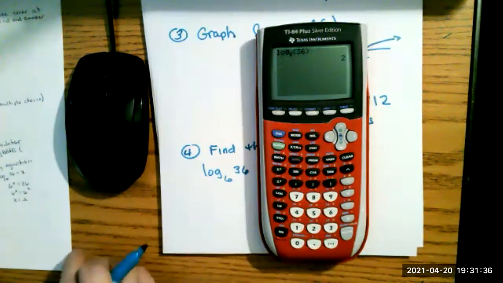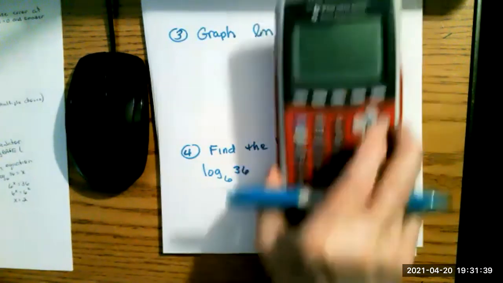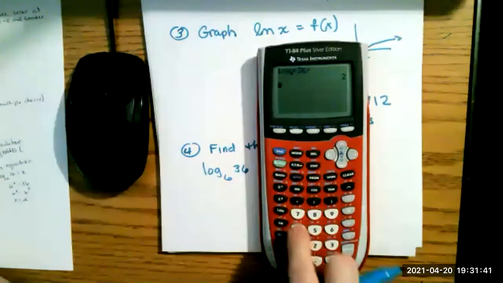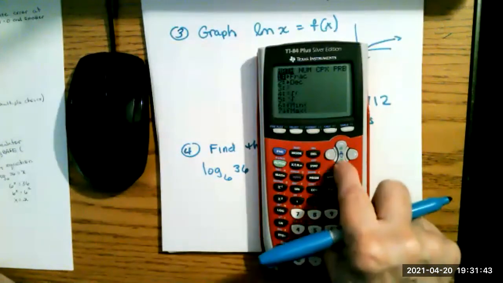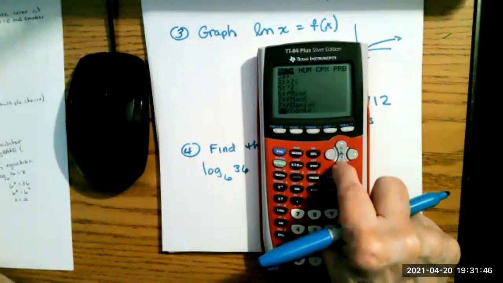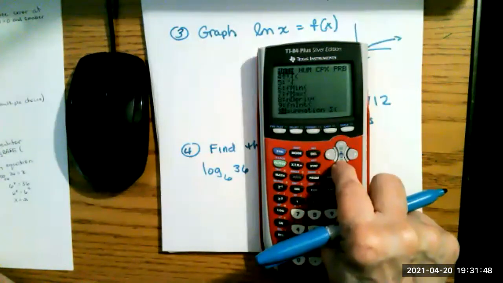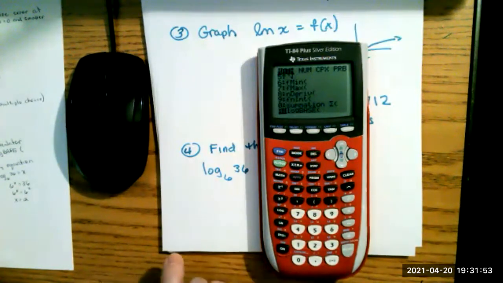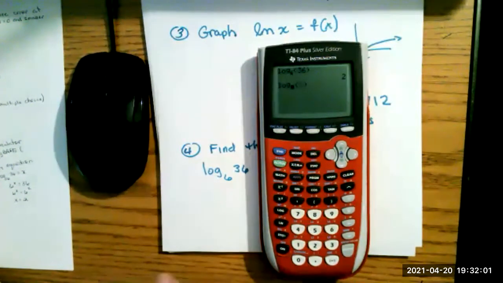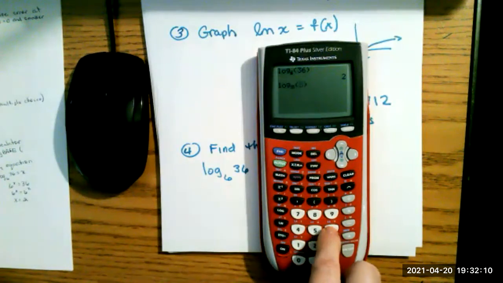Okay, how do we get that 6 at the bottom again? Go to math and go all the way down to after 9, after 10, is an A, and it says log base. Do you see it there? Yes, ma'am. Okay, hit that, just put an enter, and it'll put it on your blank screen with a cursor that's blinking on the little 6, the base number.